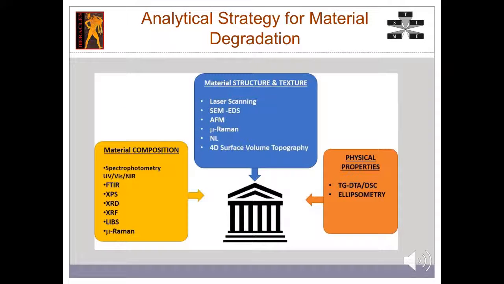So our analytical strategy has three main elements. First, material composition, the material structure and texture, and physical properties of the material. And as you see listed here, there are various measurements that are used to get a handle on each of these three elements.